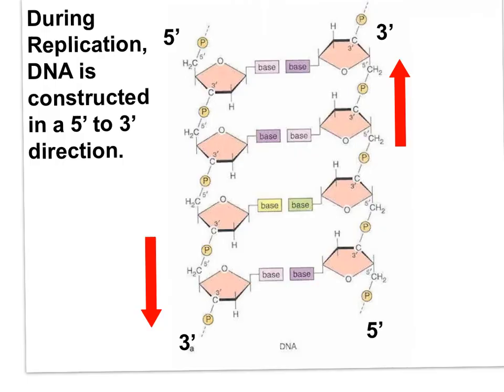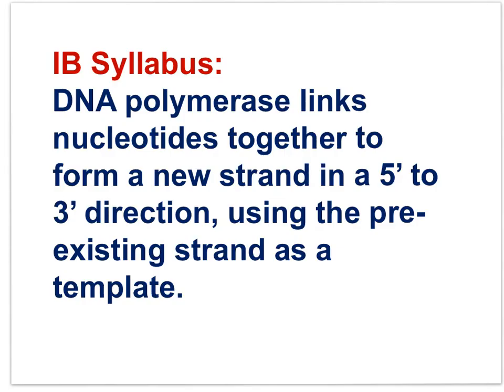Once again, new nucleotides are added onto the 3 carbon here, so this strand would grow in this direction, 5 to 3. New nucleotides would be added onto the 3 carbon here, so this strand would grow in this direction, 5 to 3. The IB syllabus statement of relevance is DNA polymerase links nucleotides together to form a new strand in a 5' to 3' direction using the pre-existing strand as a template.